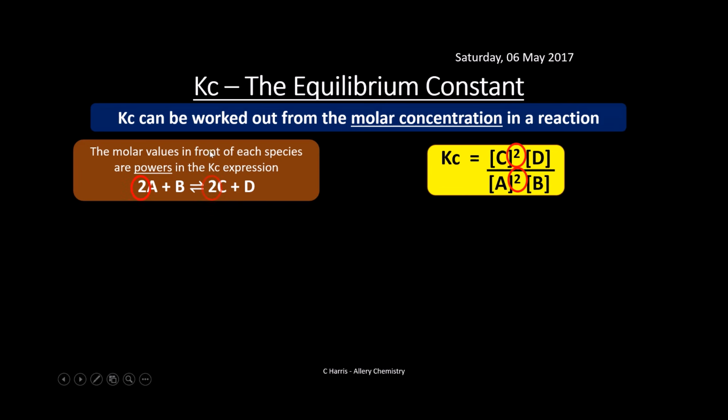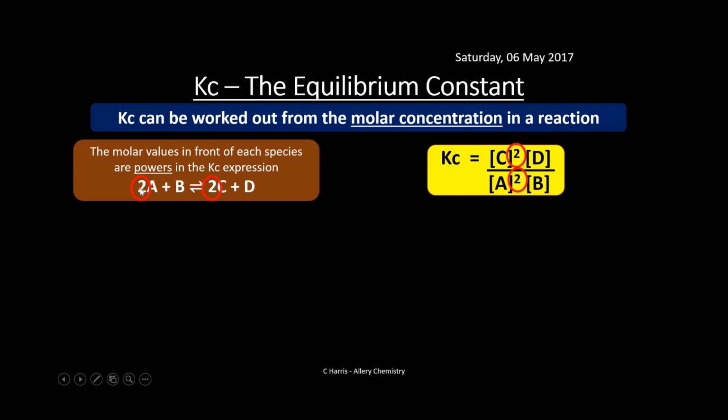So the molar values in front of each species are powers in the Kc expression. So if you look here, we've got 2A reacting with B, and that's in equilibrium with 2C and D. Now the equilibrium expression, Kc, is basically products divided by reactants. Products are C and D, reactants are A and B. Look at the molar numbers here. 2A turns into a power, as you can see there, it's A squared.